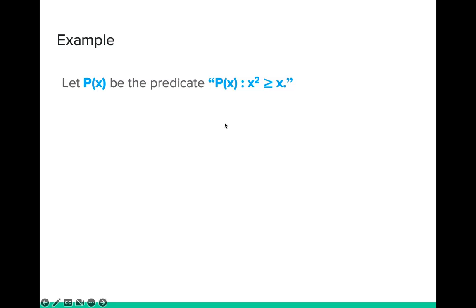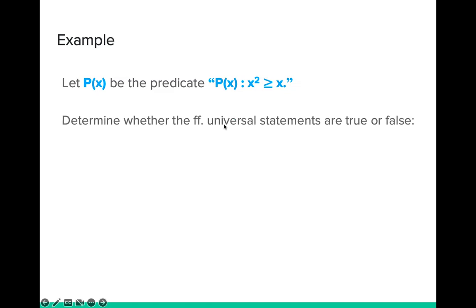And now, another example. Let P of x be the predicate such that x squared is greater than or equal to x. Determine whether the following universal statements are true or false. First, for all x such that x belongs to real numbers, P of x. The other one is for all x such that x belongs to integers, P of x.